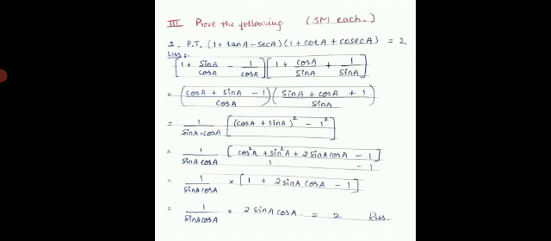Sin A + cos A is common in both the sides. So again minus 1 and plus 1 are two different terms. So it looks like the (A + B)(A − B) identity, and that is nothing but A² − B².